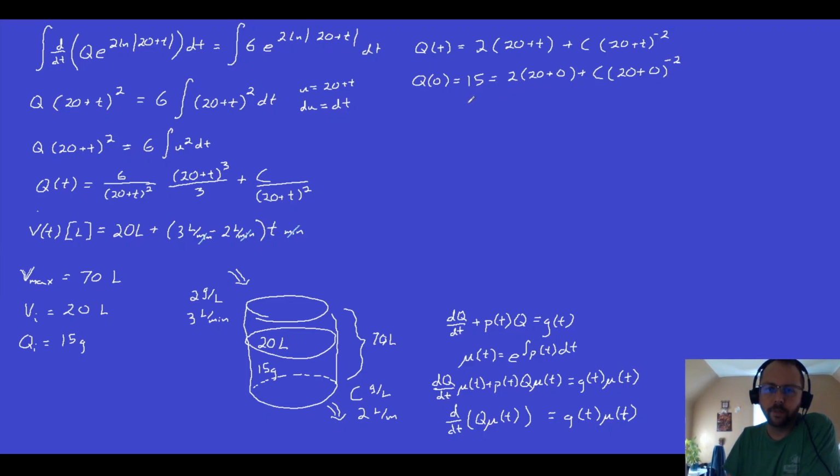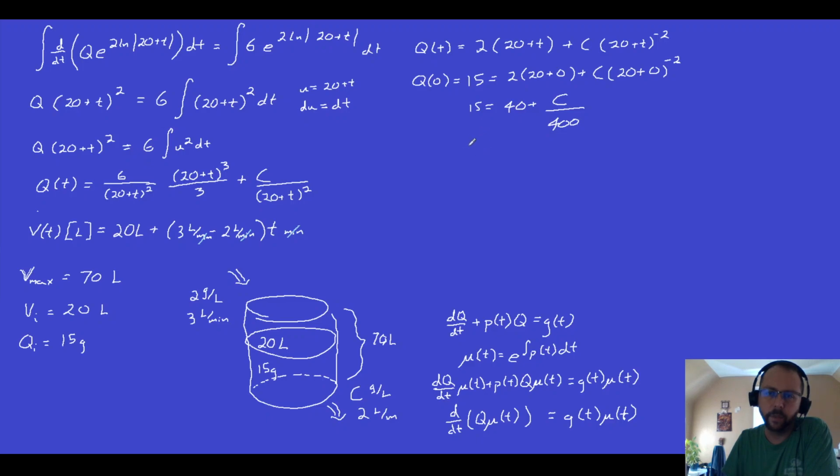So this is going to be 15 equals 40 plus, that should probably be 400, but let me double check it on a calculator here. 20 squared. Yeah, 400. So 40 plus c over 400.